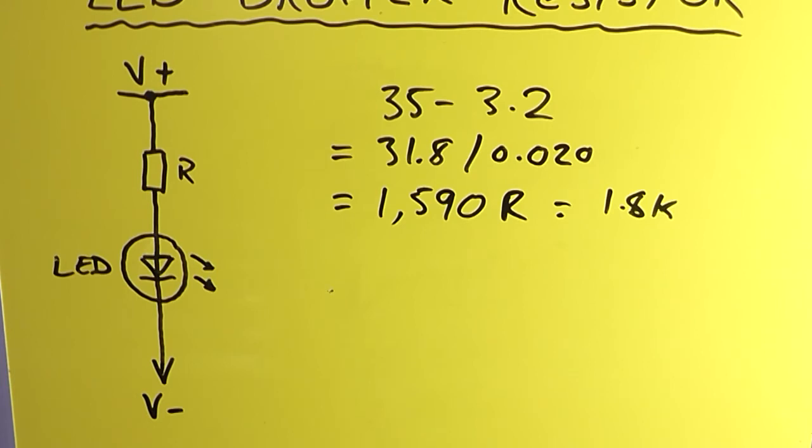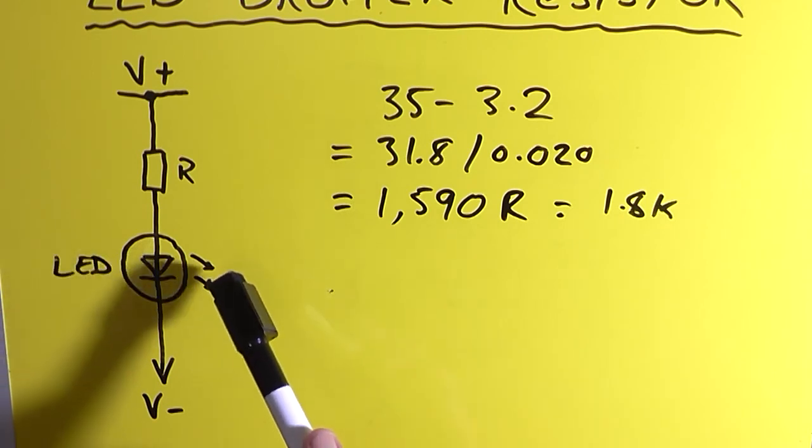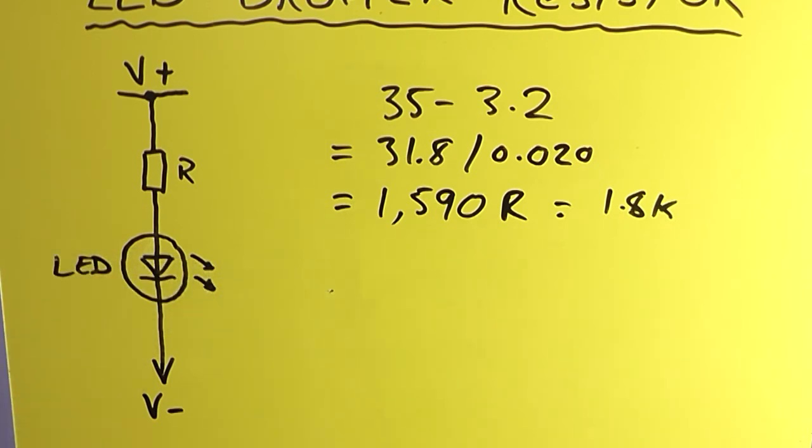So that's the easiest way to calculate the dropper resistor of an LED, so it makes the LED happy at any given supply voltage, as long as we know two things at least: the required voltage supply of the LED and the amount of current that it draws.